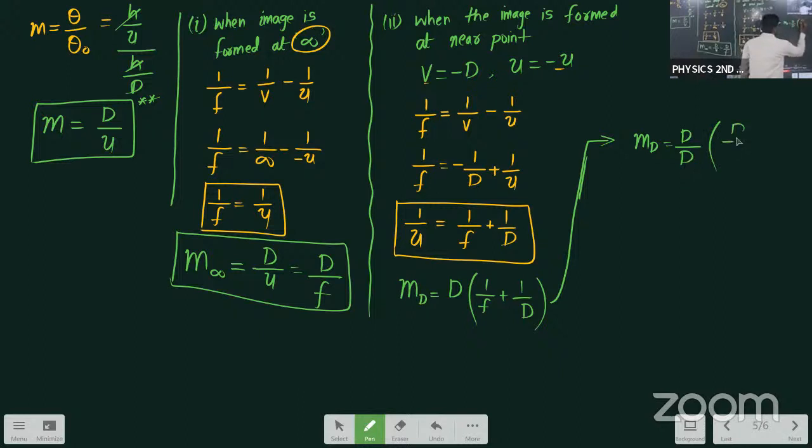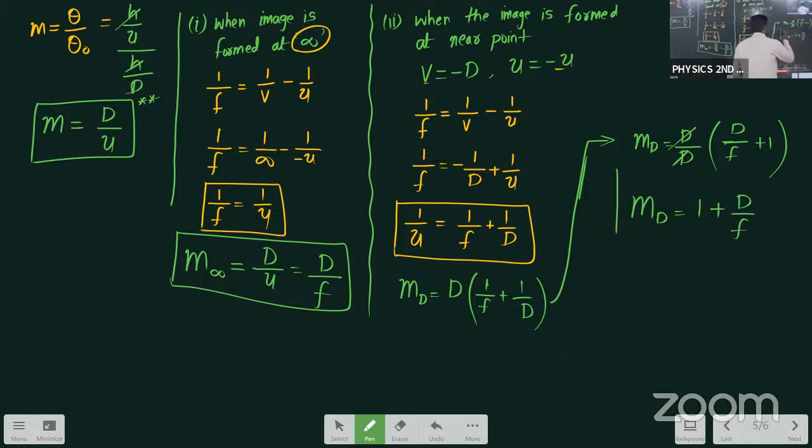Will be left with d by f plus 1. I hope you are getting this. What I did, I have taken 1 by d outside. If I am taking 1 by d outside, I am supposed to multiply and divide by d here. So in place of 1, I will be getting d. So this d and this d will get cancelled. What will be our final answer? M is equals to 1 plus d by f.